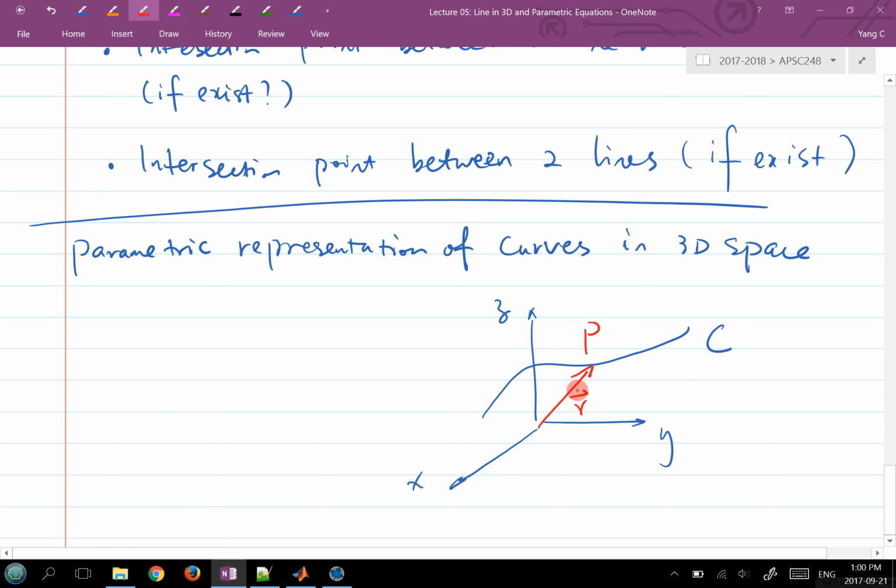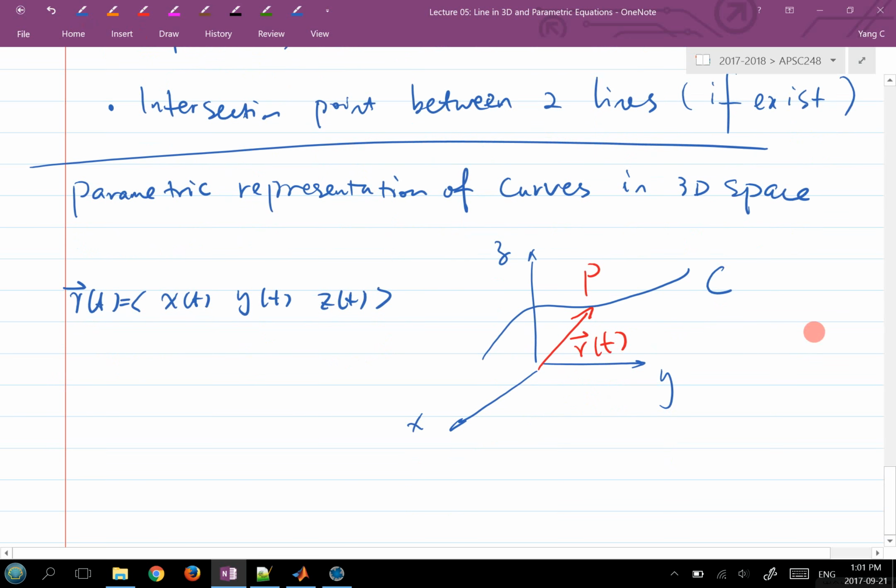If I use r to represent the position vector, and t is time, then at a different time instant this point P is at a different location on the curve C. So I can use the position vector, which is a function of t, to represent the position of the point P. This r of t is a vector: x of t, y of t, and z of t.